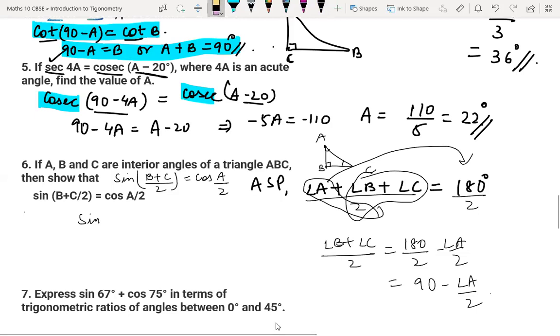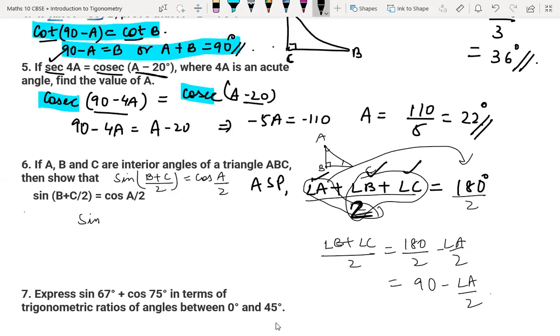Once again, I'm explaining. We have to get B plus C by 2. This 2 is for B also, C also, A also, okay?